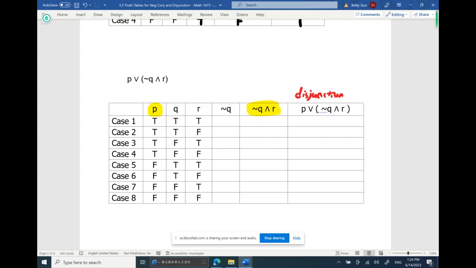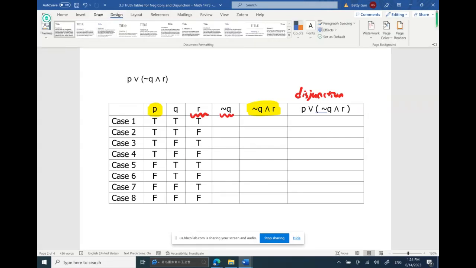For the conjunction, the first component is not Q, and the second component is R. If I did the table, I would have more columns, even repeating the columns. But this is good too. It depends on your preference.